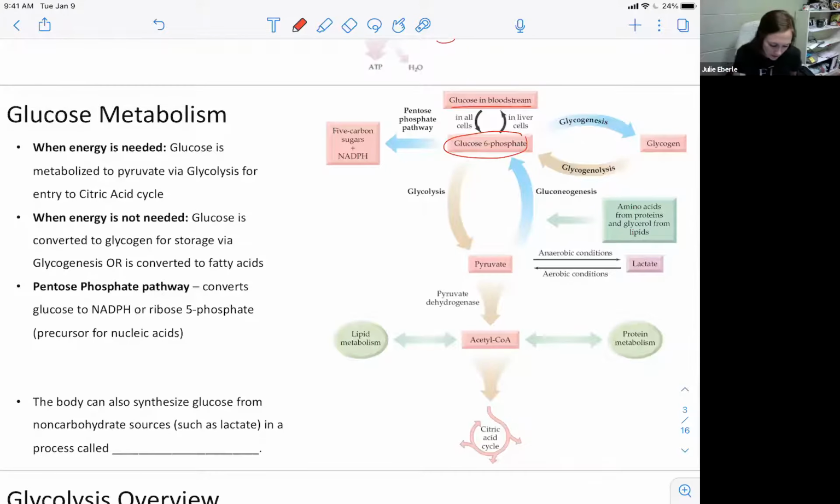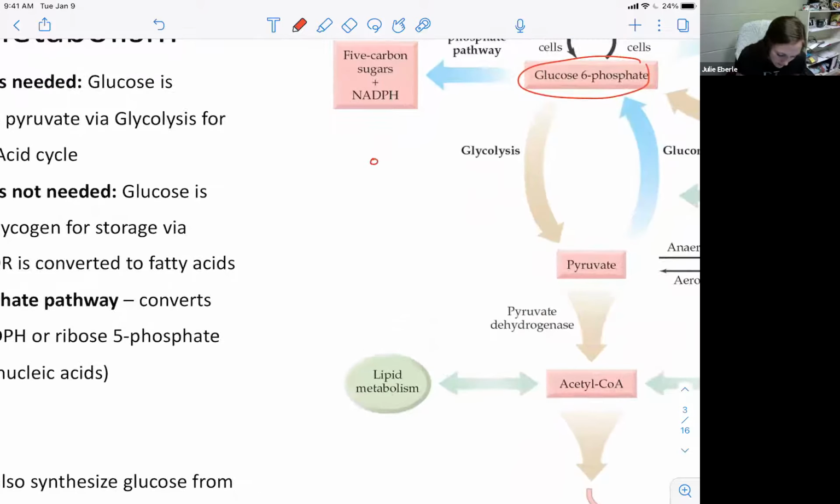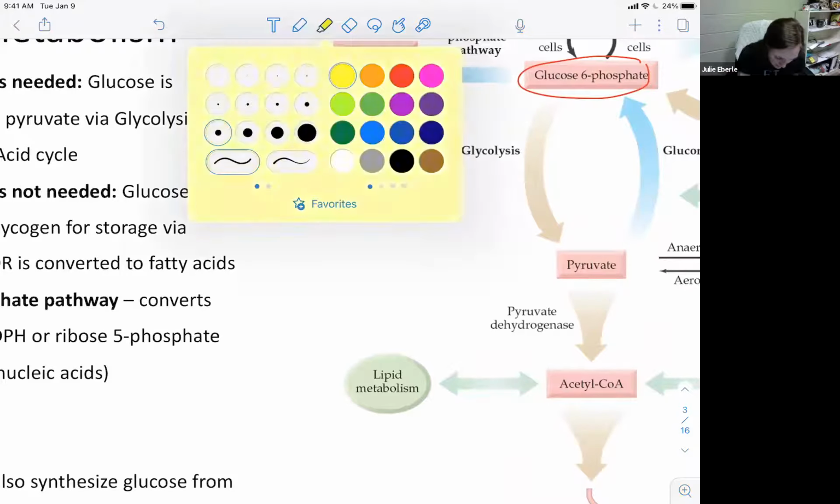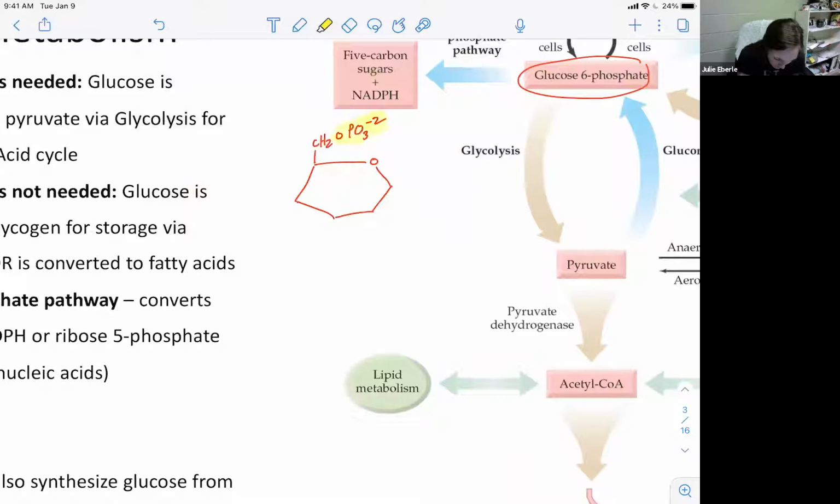We could draw a picture of it. So we have the CH2, and then it would be O, and then PO3, and it would have a -2 charge. So there's the phosphate group on carbon 6, right there. And then we can finish drawing the rest of this.